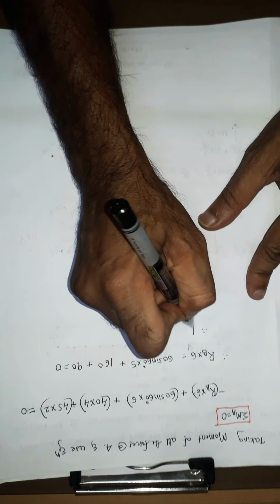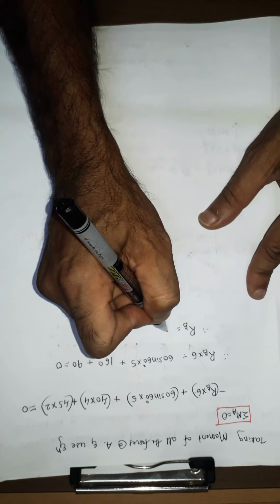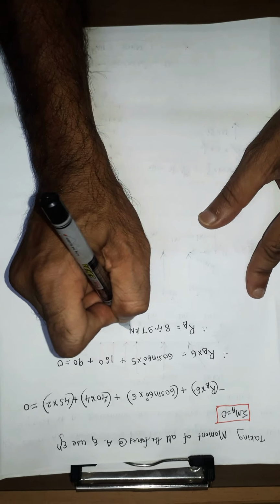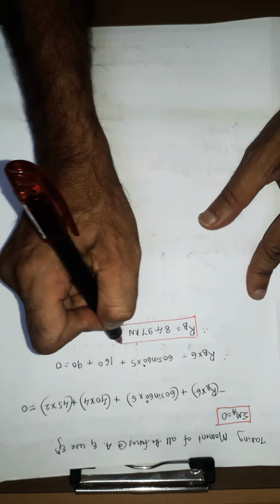So therefore you can calculate reaction RB is equal to 84.97 kilonewton. Okay, reaction RB will be 84.97 kilonewton.